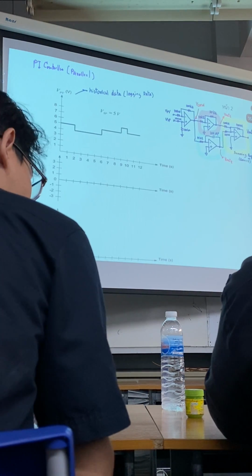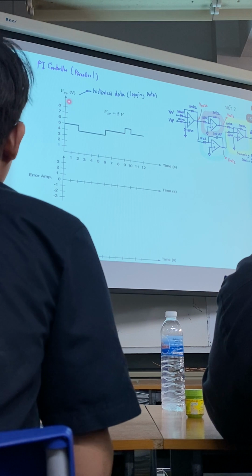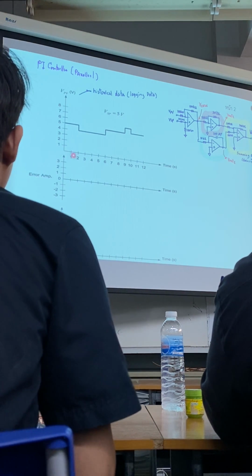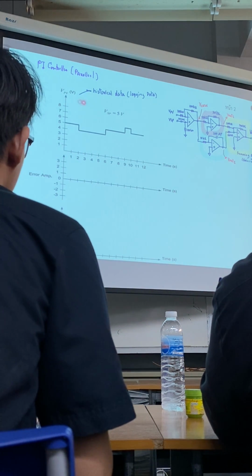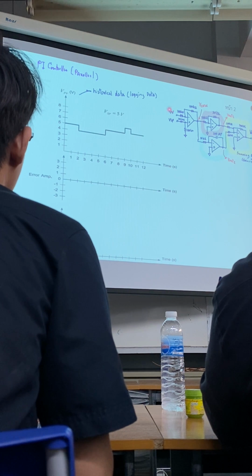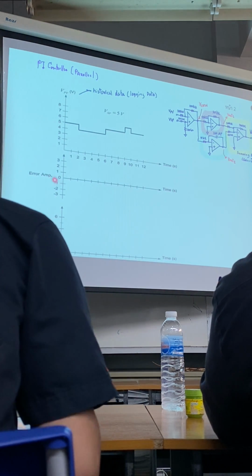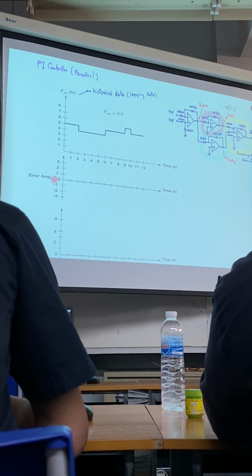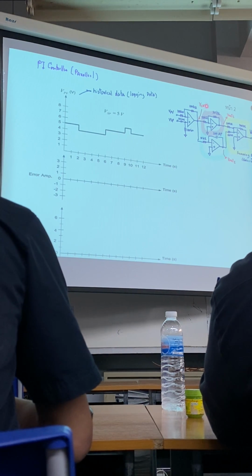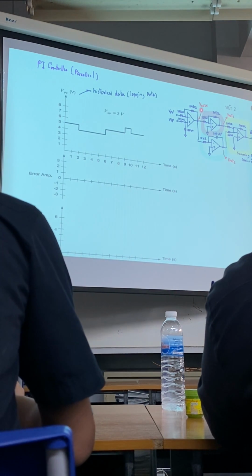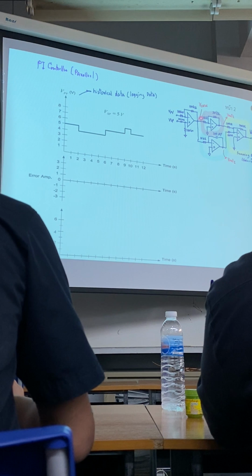Again, what is this? This is something you measure from the sensor over time. PV will connect to this input. What is this error amplifier? V error is the output from the differential amplifier.